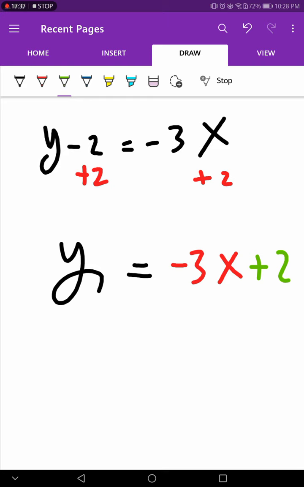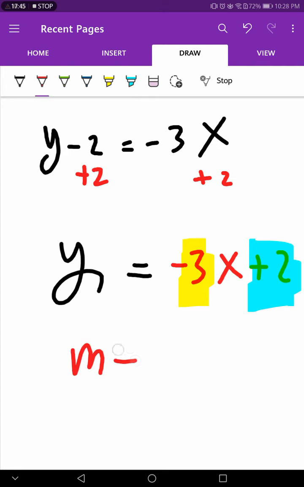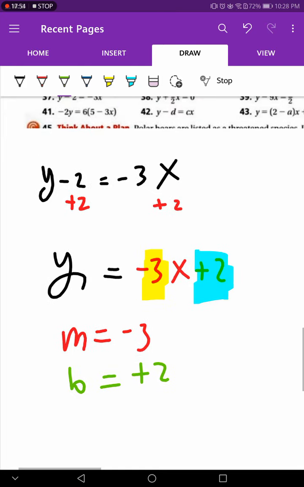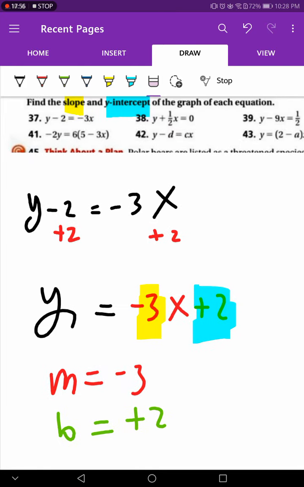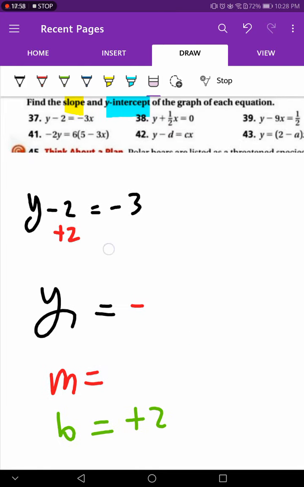So the slope is -3 and the y-intercept b is 2. So I write m equal -3 and b equal +2. Okay, my dear student? Okay. Let us move to the next question.